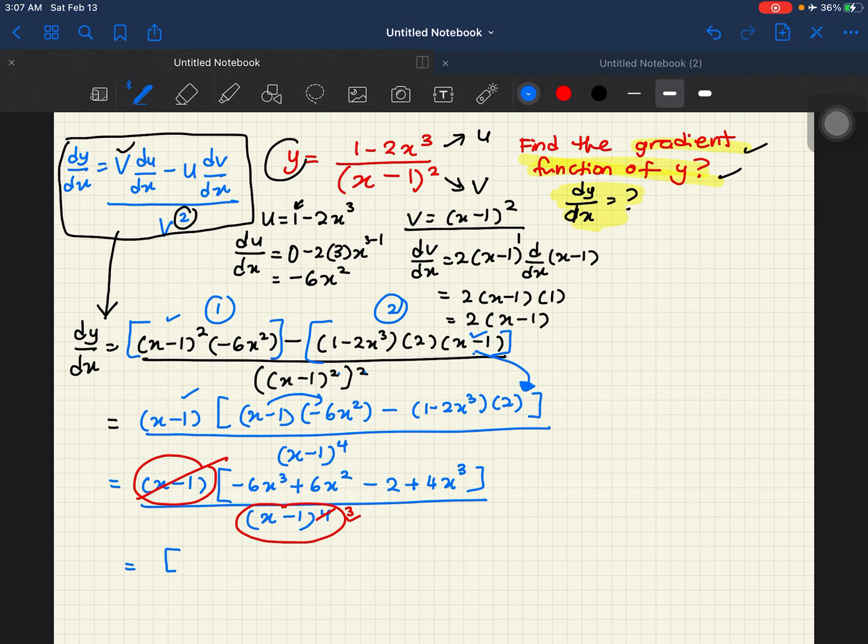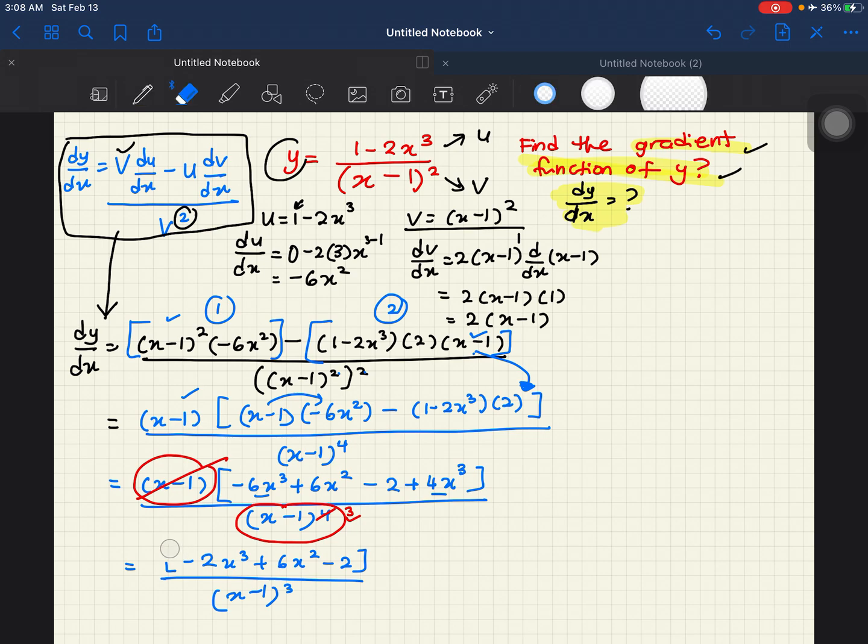Supaya kita senang di kemudian hari kita boleh simplify. So, negative 6x cube plus 4x cube dia jadi negative 2x cube tambah 6x square minus 2 over x minus 1 kuasa 3. Okay, you can simplify.